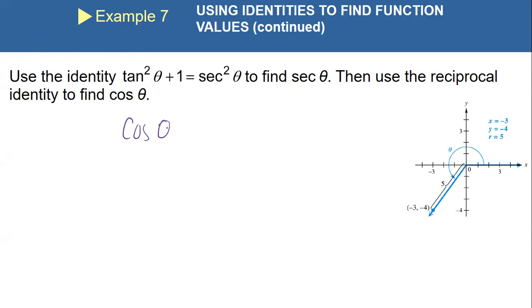Well, remembering what cosine theta is. What's cosine theta? In terms of X, Y, and R. X over R. So if cosine theta is X over R, and we have those values right here, we're going to end up with negative 3 over 5. And if that's our cosine, what is our secant theta?